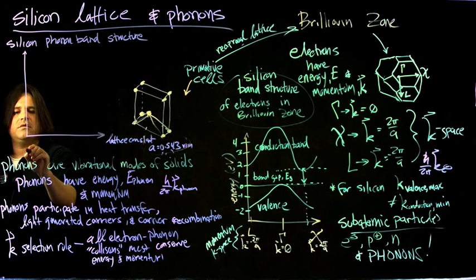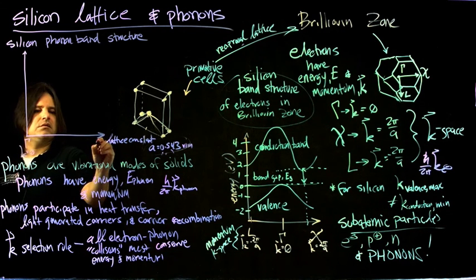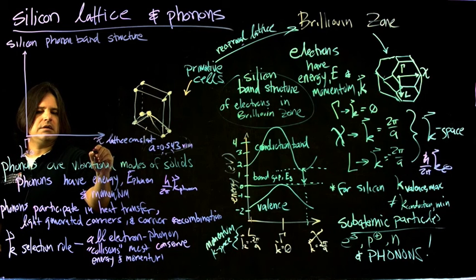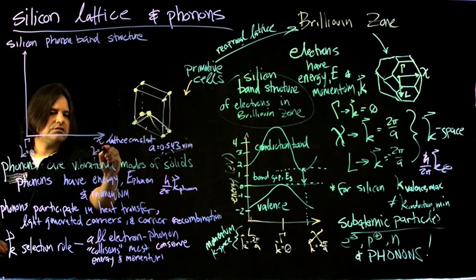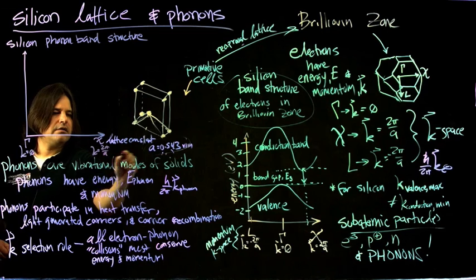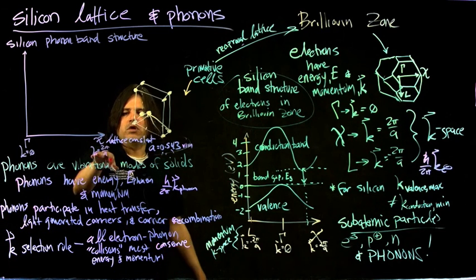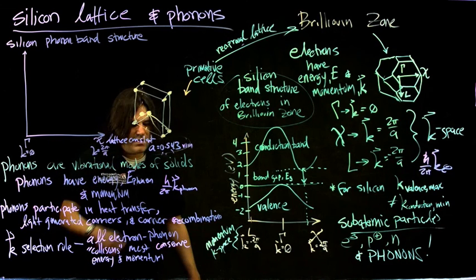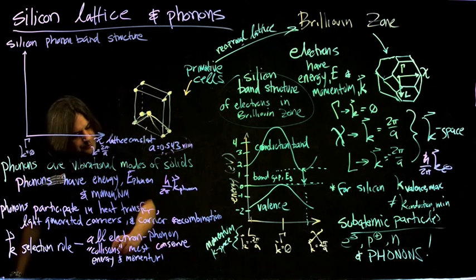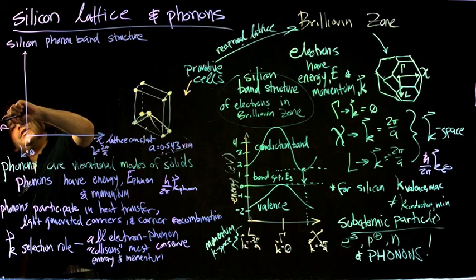So here's gamma. Here the momentum vector is 0. This is chi. Here the momentum vector is 2 pi over A, where A is a lattice constant. So the bigger the crystal, the more momentum this has. And so this is phonon energy.